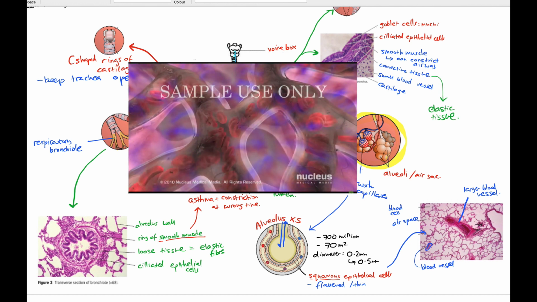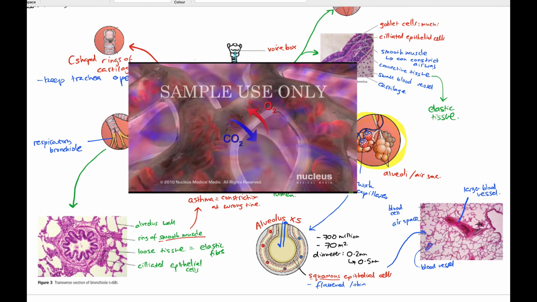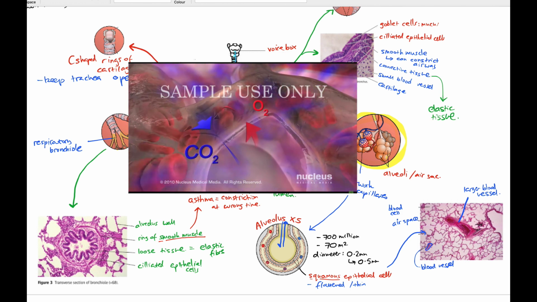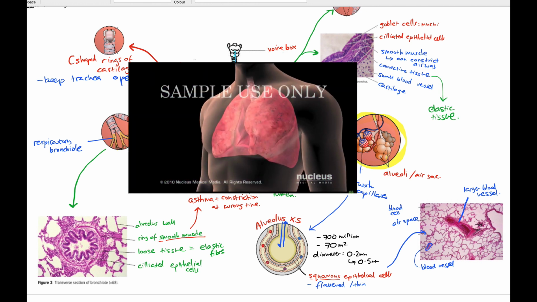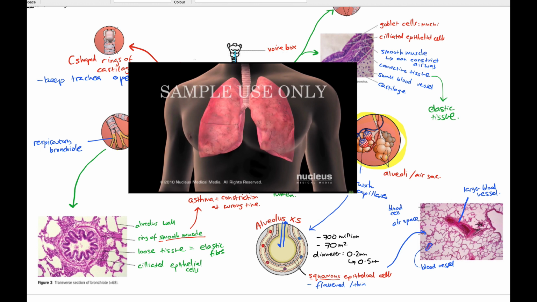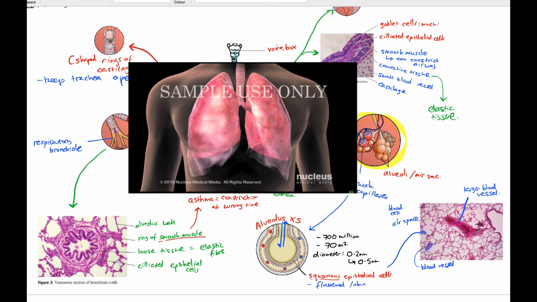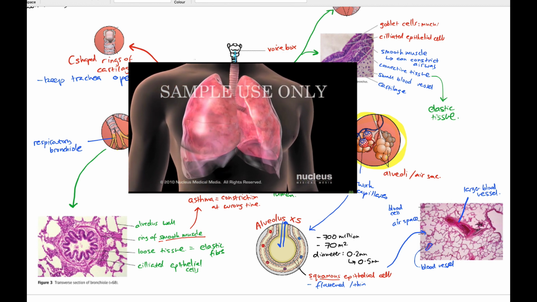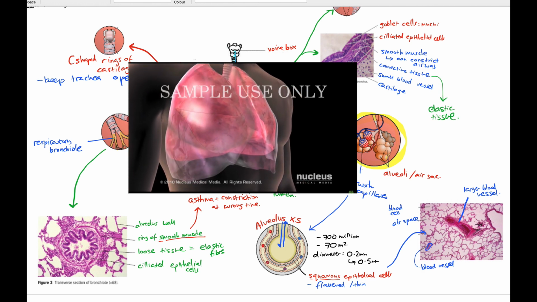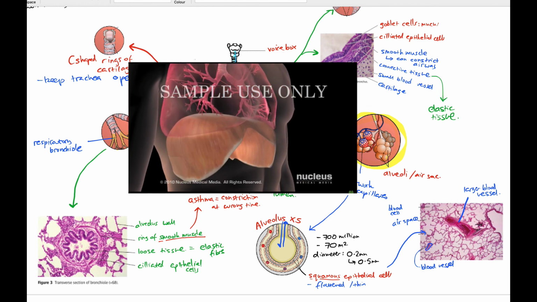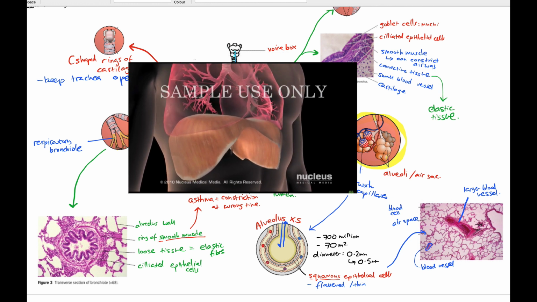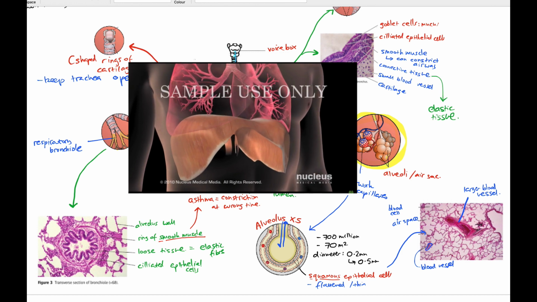Here, the oxygen in the air you inhale passes into the bloodstream, and carbon dioxide from your body passes out of the bloodstream. The carbon dioxide is expelled from your body when you exhale. Your lungs are encased by pleura, a thin membrane that protects them and helps them slide back and forth as you breathe in and out. Underneath your lungs is the diaphragm, a smooth, thin muscle that helps your lungs expand and contract as you breathe.